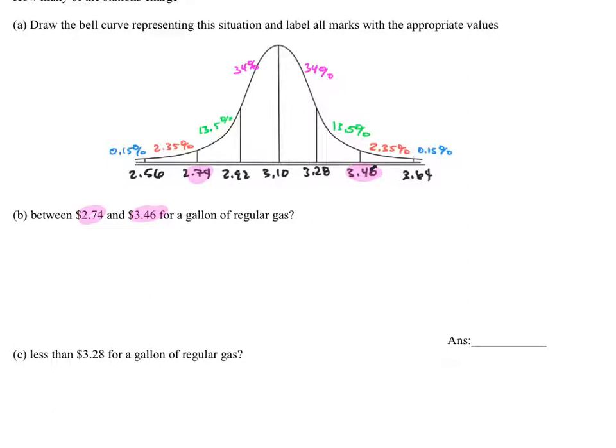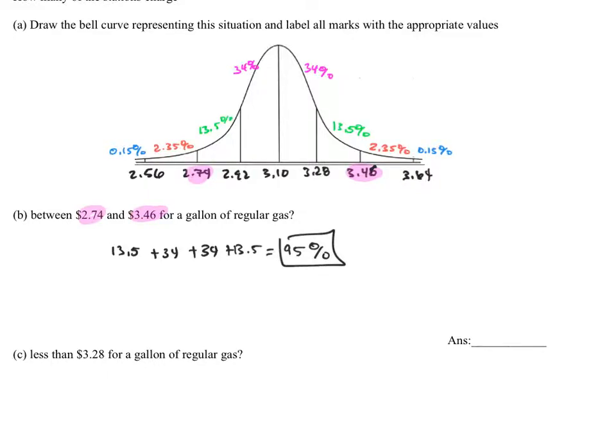The first percentage group I see is a 13.5. I see a 34. I see a 34. And I see a 13.5. When I add those percentages together, what do I get? Use your calculator and do so now. Adding those percentages together, I'm getting 95%.